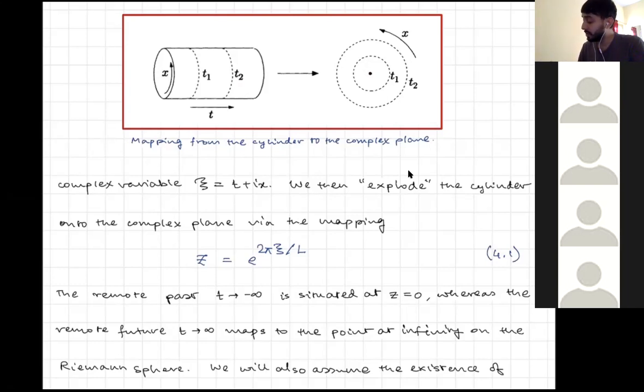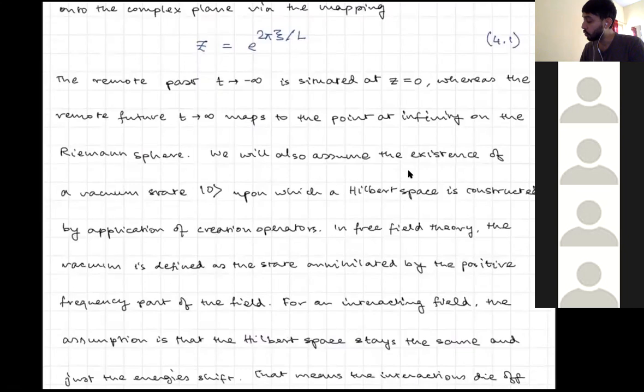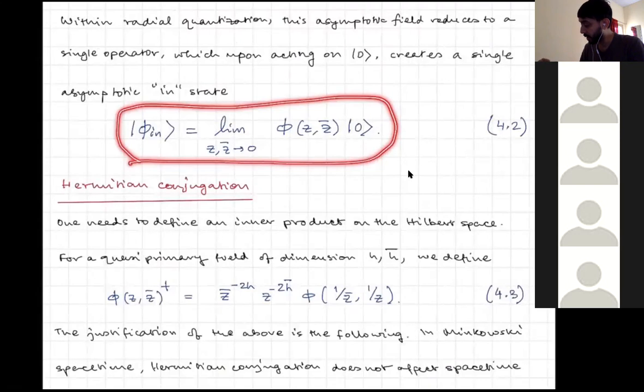And the equal time slices, as you go forward in time, become larger and larger circles. So if you have two time slices t1 and t2, with t1 earlier than t2, these will be mapped to two concentric circles with increasing radii. This was our in state, the thing that I was harping about earlier.